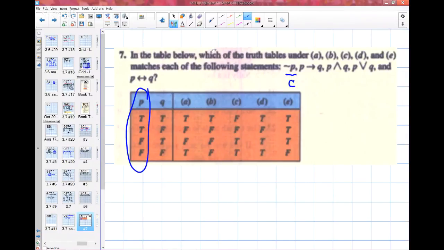If P, then Q, the second one. Remember how that one works? Only false when the first is true and the second is false. Mm-hmm. And that would be this row. Okay, which column only has a false in the second row and none others?